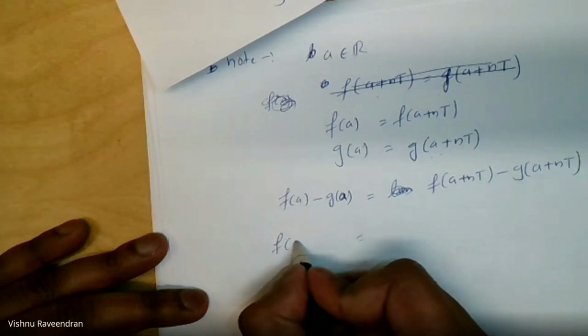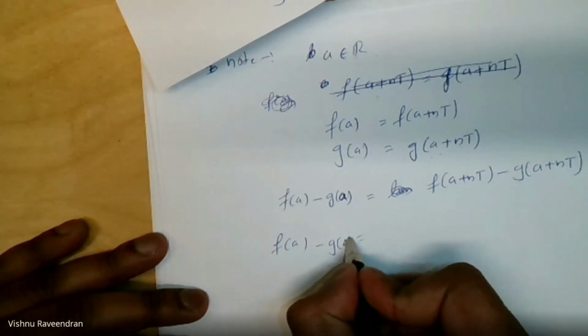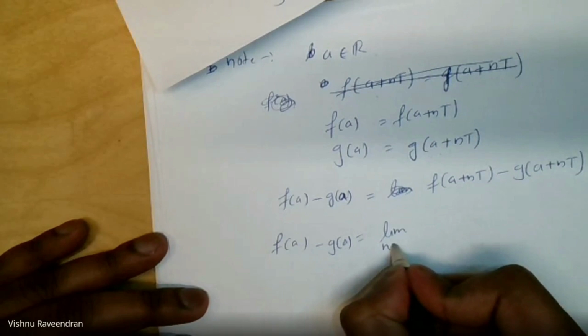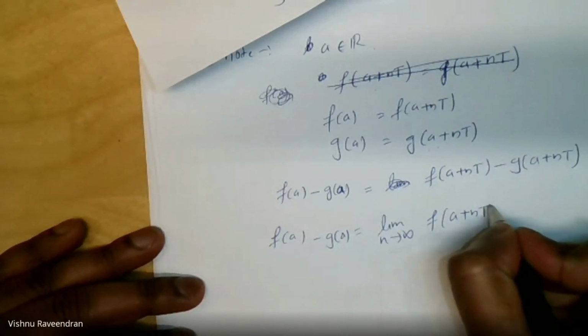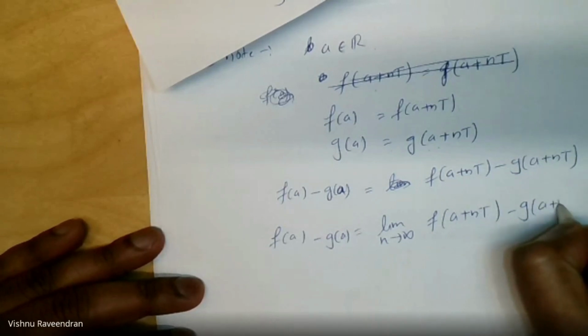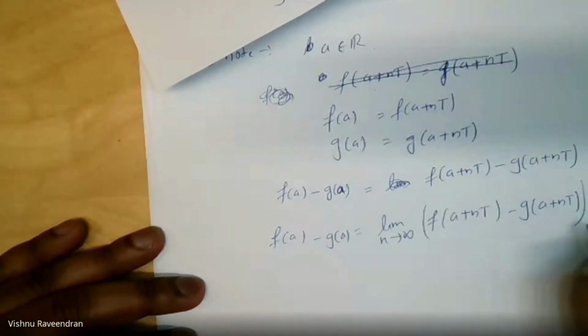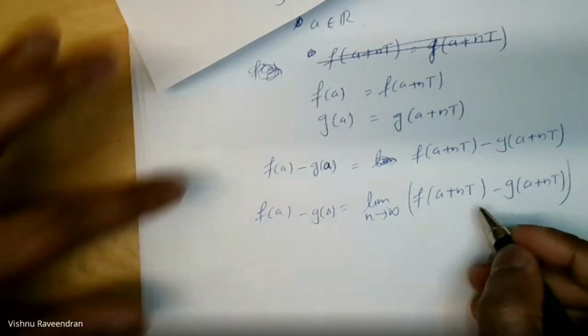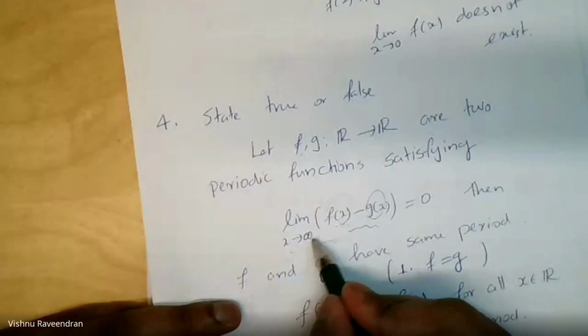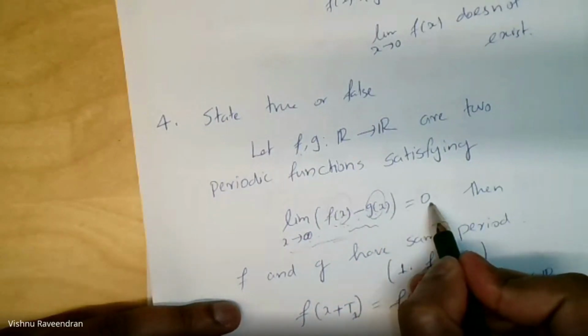The left side will be the same, f of A minus g of A. Now the right side is f of A plus nT minus g of A plus nT. By this condition, as x goes to infinity, f of x minus g of x equals 0.